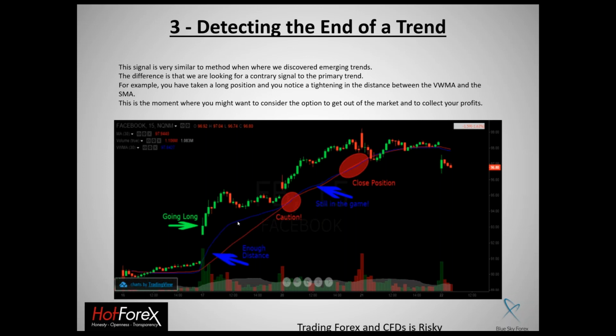And as explained before, when the volume weighted moving average goes back to the simple moving average and stays there for a quite considerable amount of time and doesn't really gain enough distance again from the simple moving average, that means that you will most likely be nearing an end of a trend. Okay, so you should be looking for exiting the trade at this point.